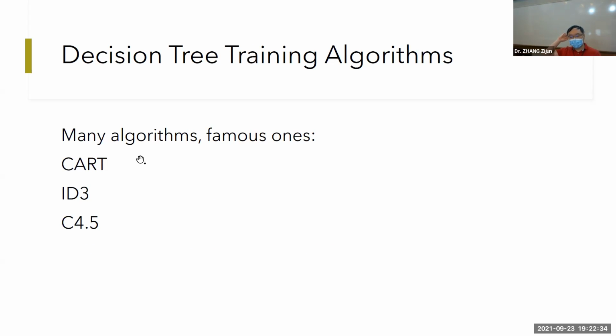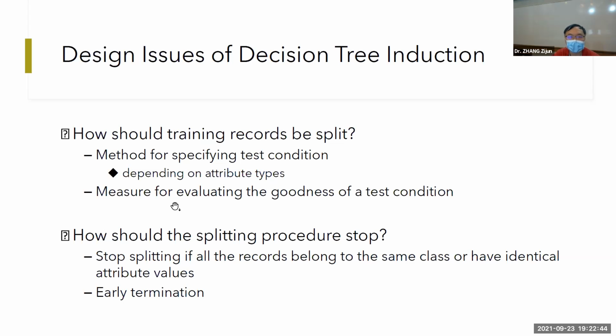If we want to apply decision tree algorithms to build a tree model for making decisions, we need data as the material to feed the algorithm to develop the model. Then in this decision tree induction process, what are the design issues? First, how should training records be split?